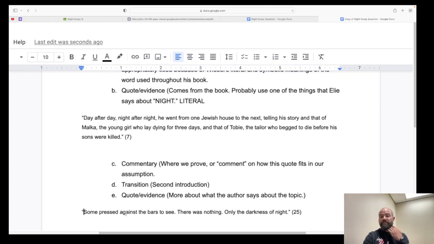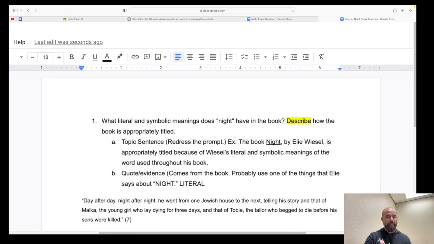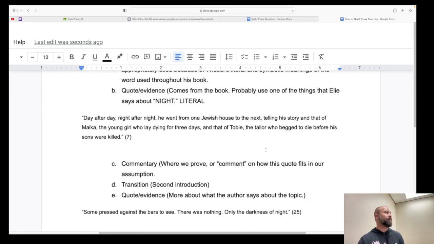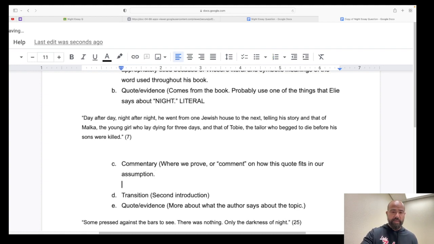So for this first one, when I comment about this, where we prove how this quote fits my assumption, I've got to remember what I'm assuming here: that the book is appropriately titled by using this word in each way I'm showing it being used. Okay? So this first piece of commentary, I'm talking about the quote that is right above it.